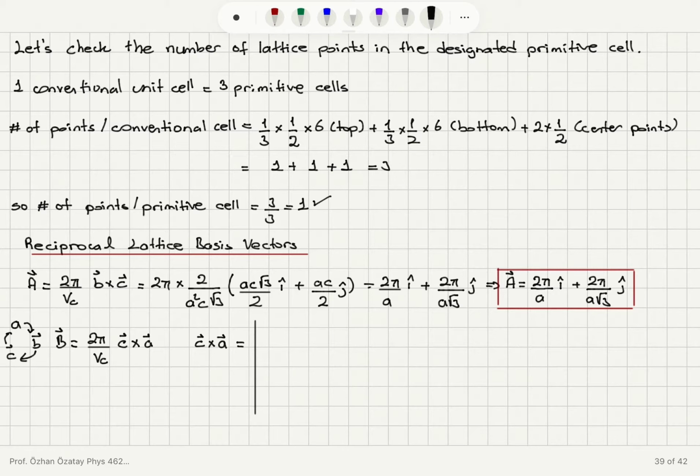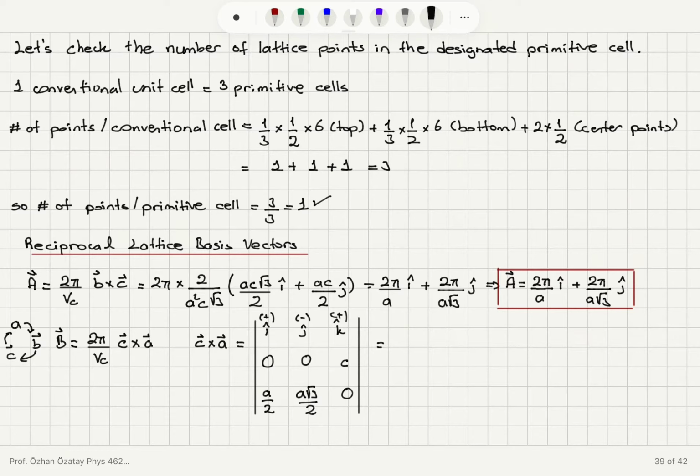C cross A. I hat, that's positive. J hat, negative. K hat, positive. Evaluating with respect to first row. C vector has 0 x component, 0 y component, C z component, and A vector has A over 2 x component, A square root 3 over 2 y component, and 0 z component.